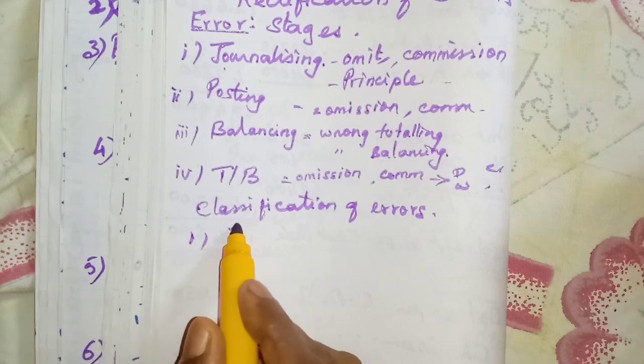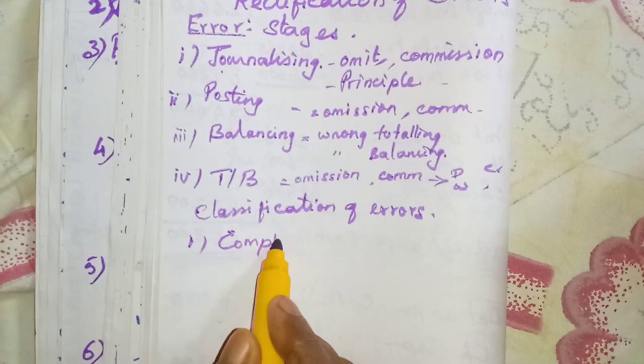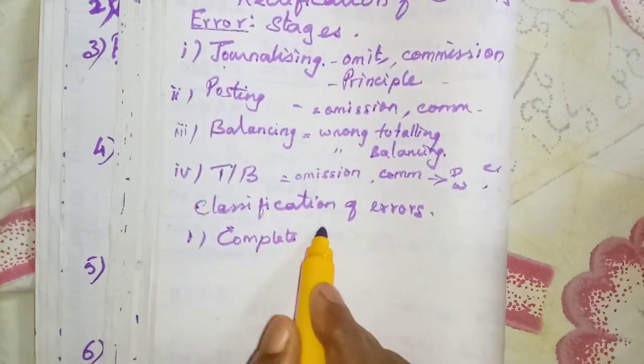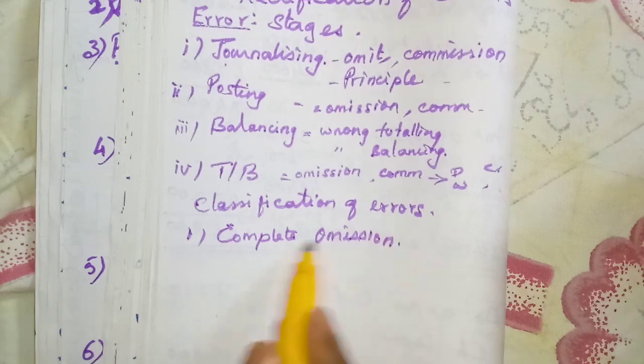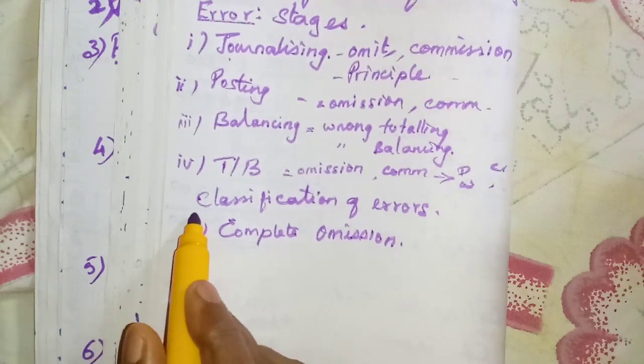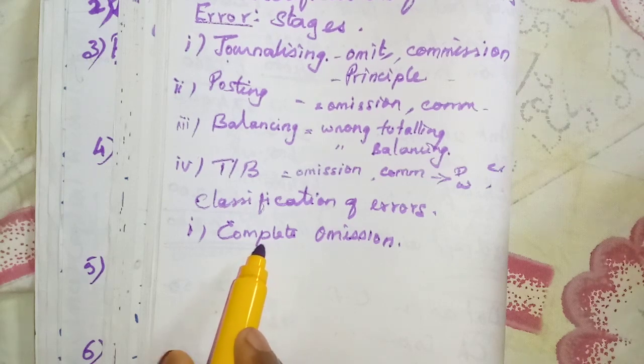That is also divided into error of complete omission and error of partial omission. We will see them one by one in detail. First, error of complete omission. What is a complete omission?